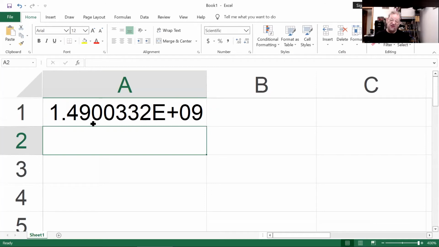Is that 4 or less or 5 or higher? And hopefully I'll pick 4 or less. So that's 0, and everything afterward before the 10 to the power I drop.